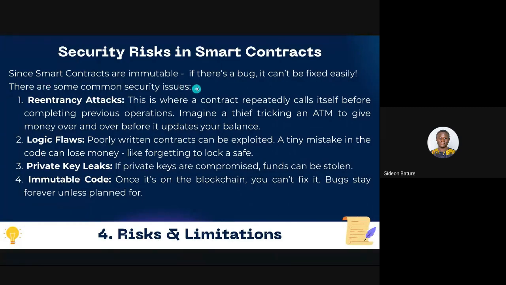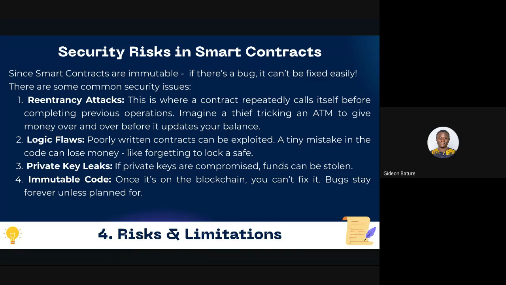All right, so and then there are also other common security issues, which is what? Reentrancy attacks. So what is this reentrancy attack? It is when a smart contract keeps repeating a call even after completing the operation. Let's say the smart contract is supposed to pay you $30 just once, maybe for doing a particular task, and that's all.